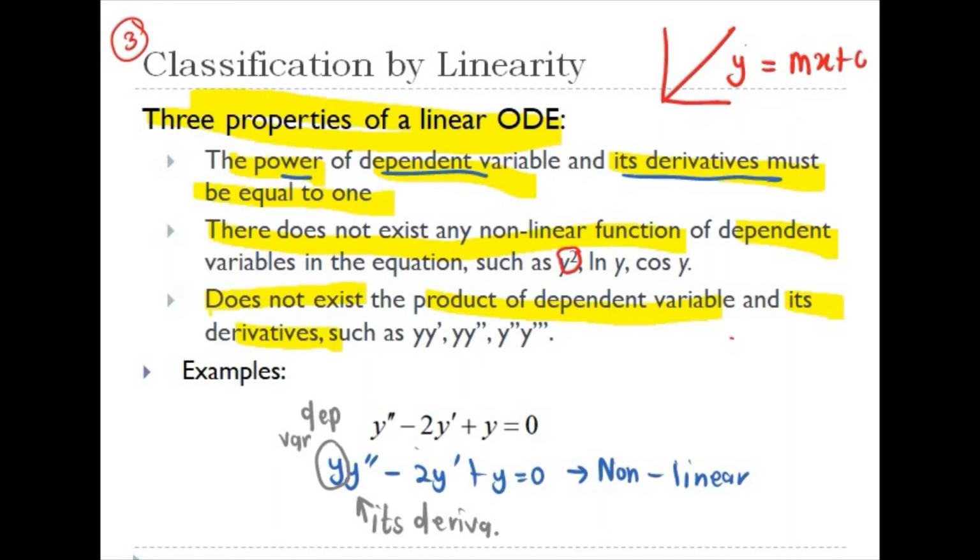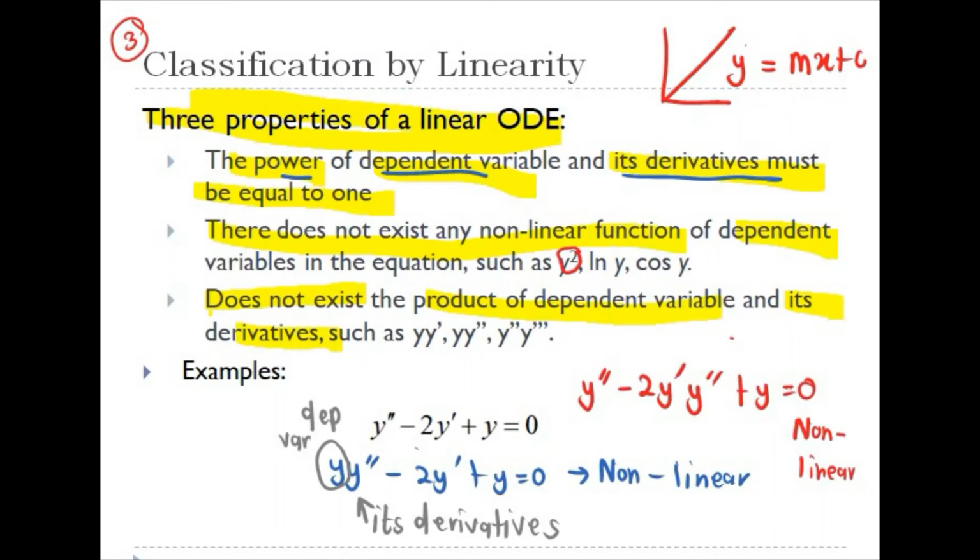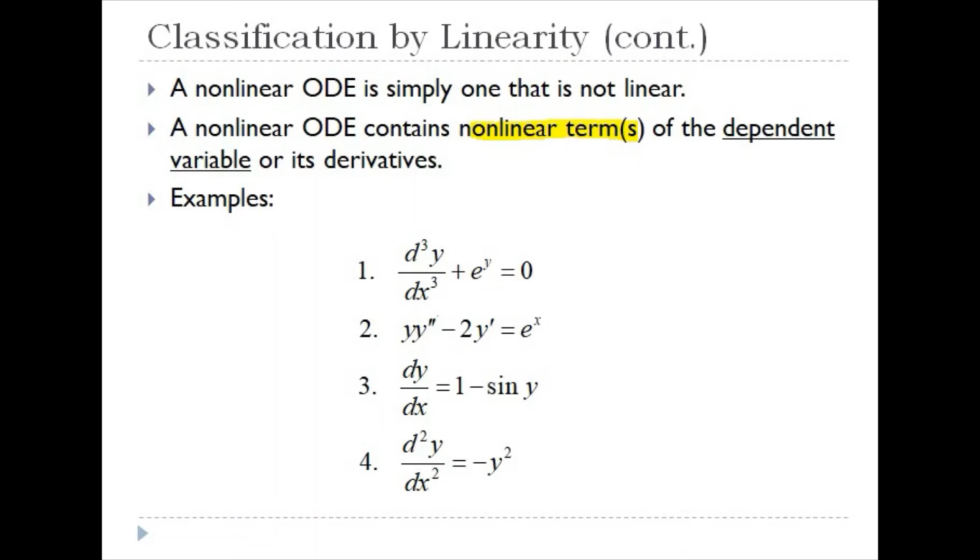In other words, if y and its derivative are multiplied, it becomes nonlinear. Another example: y double prime minus 2y prime multiplied with y double prime plus y equals 0. This equation is also nonlinear because there exists a product between the derivatives y prime and y double prime. So basically, a nonlinear ODE contains nonlinear terms of the dependent variable and its derivative.